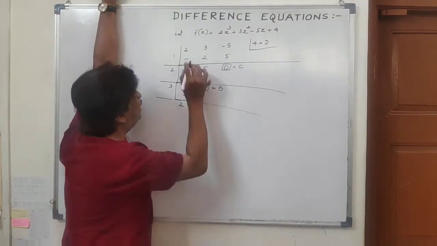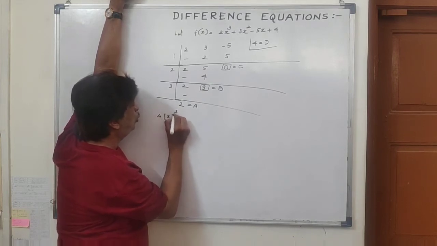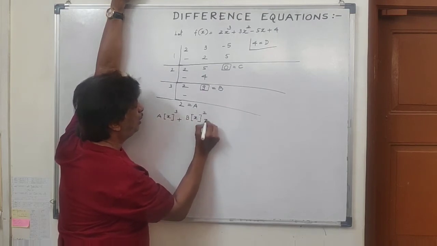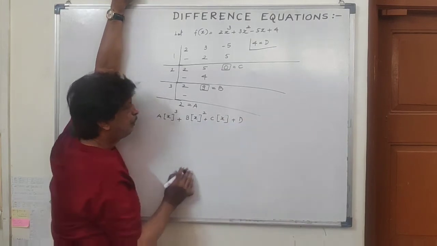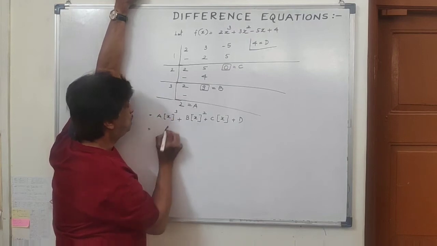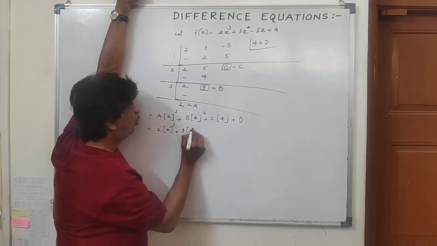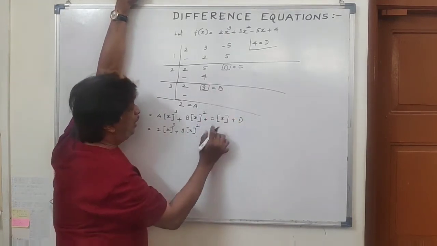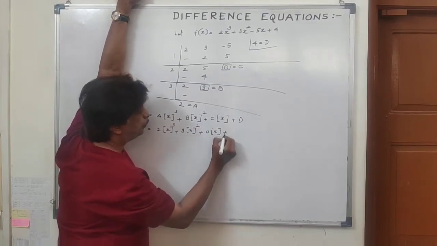So this is of the type a into factorial x cube plus b into factorial x square plus c into factorial x plus d. What is a? a is 2 into factorial x cube plus 9 factorial x square plus 0 into factorial x plus 4.